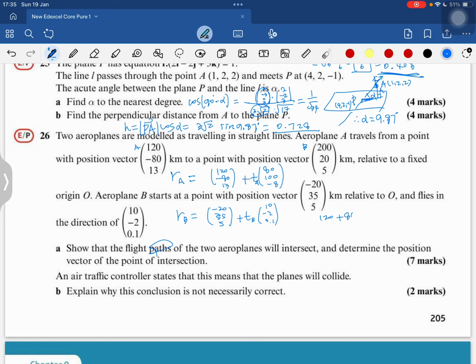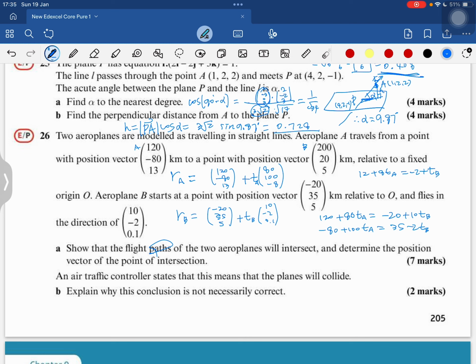-120 plus 80 TA can equal -20 plus 10 TB. So -12 plus 8 TA becomes -2 plus TB. And -80 plus 100 TA becomes 35 minus 2 TB.